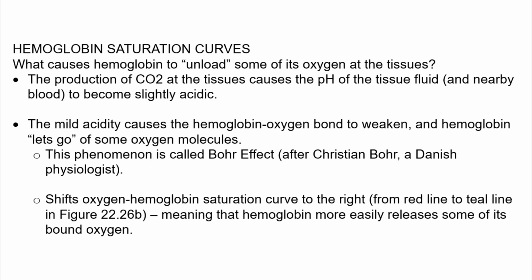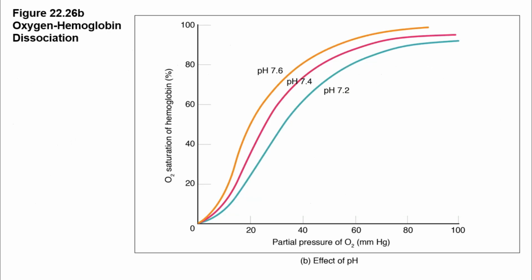Acidic environments also have the effect of shifting the oxygen-hemoglobin saturation curve to the right, meaning that the oxygen-hemoglobin bond is further weakened and hemoglobin more easily releases its bound oxygen at a given partial pressure of oxygen. We'll examine this in the next slide. Figure 22.26b once again examines the oxygen hemoglobin saturation curve with percent saturation of hemoglobin on the vertical axis and the partial pressure of oxygen on the horizontal axis.